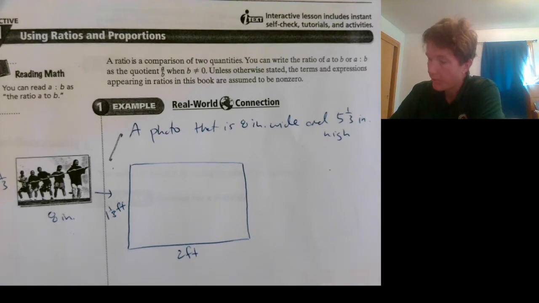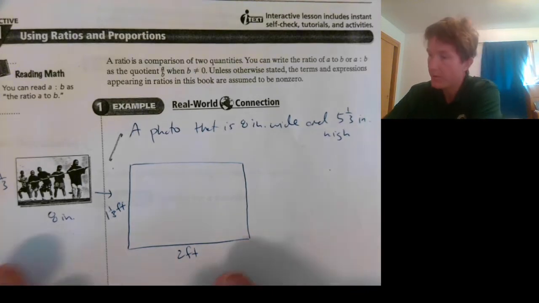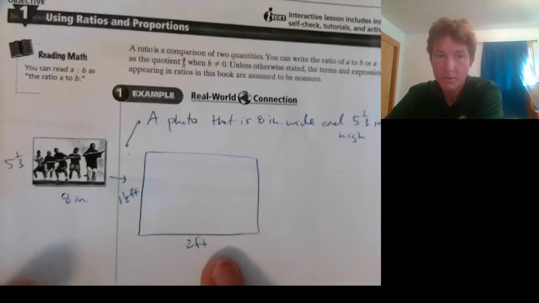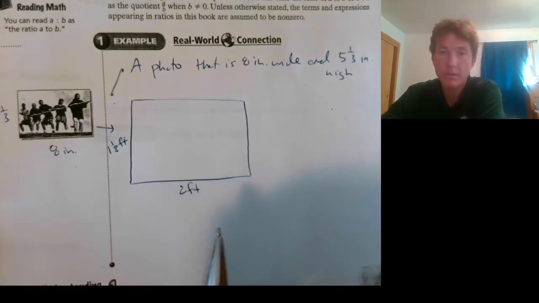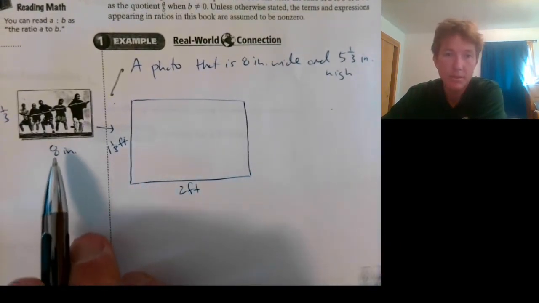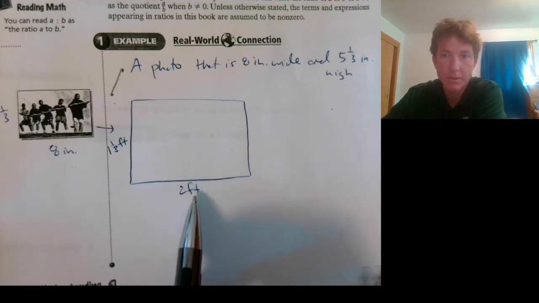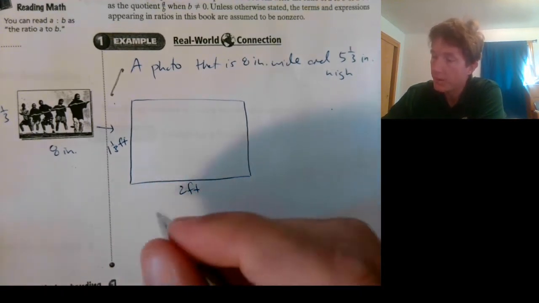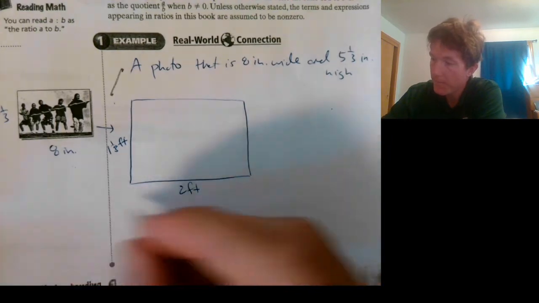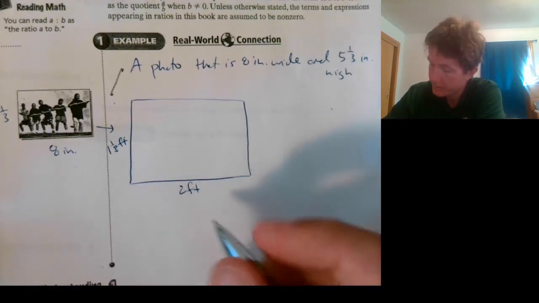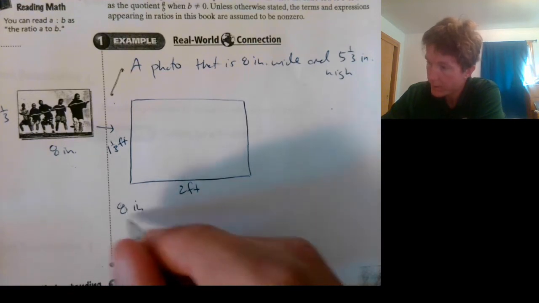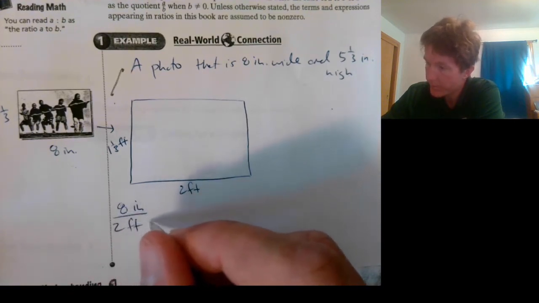Alright, so we're just looking at width here. So that would be these base numbers. So anytime you're working with ratios, you need the same units. So I need to convert the feet to inches. So we're looking at 8 inches over 2 feet.